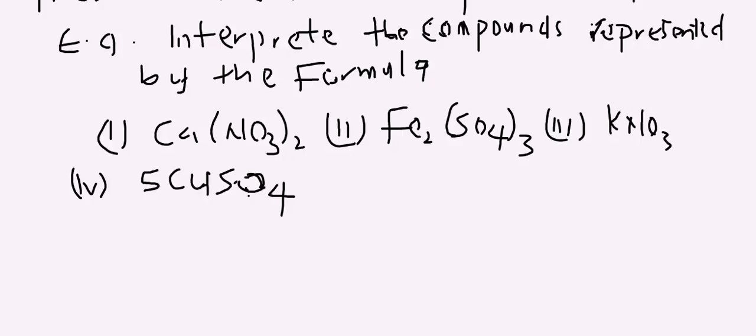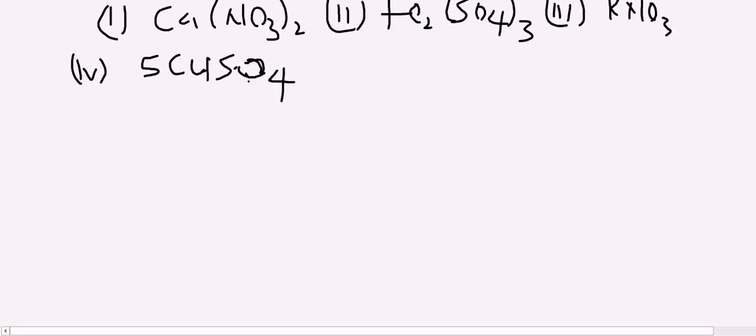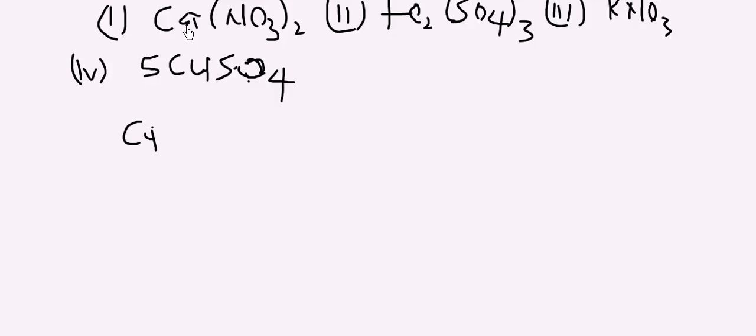So if we have the first one, Ca(NO3)2, we have one molecule, though it is not written, one molecule of calcium trioxonitrate 5.